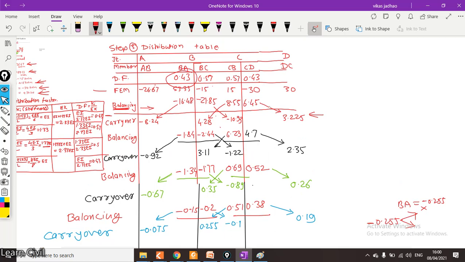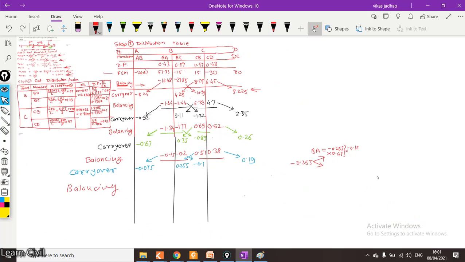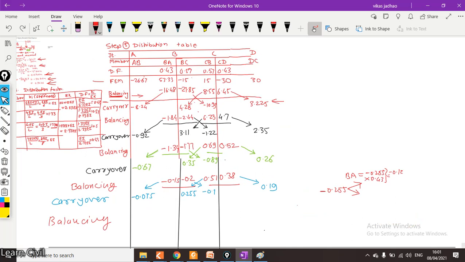You can see here 0.43. So this will be equal to minus 0.109.